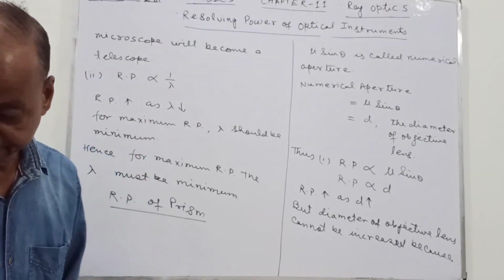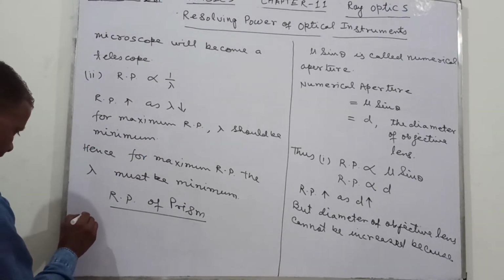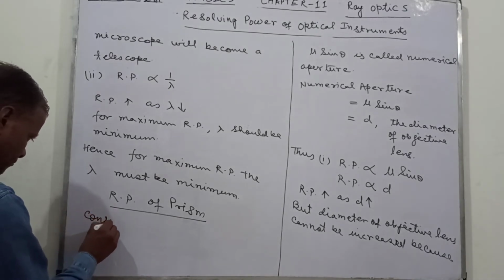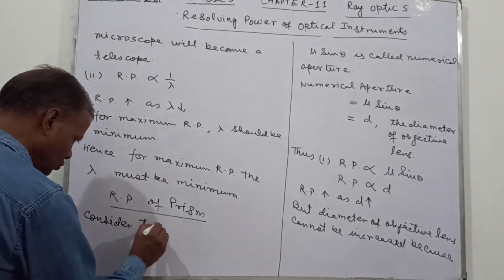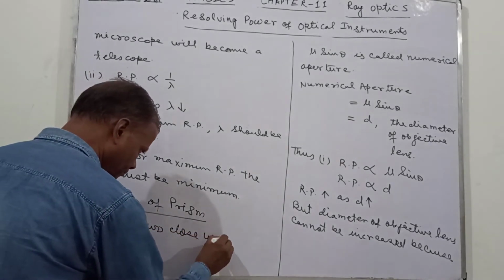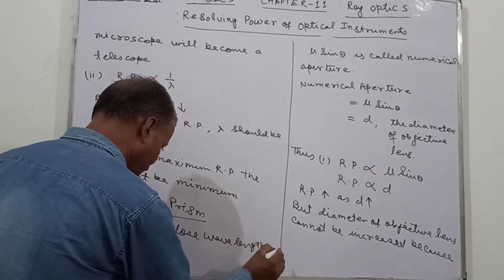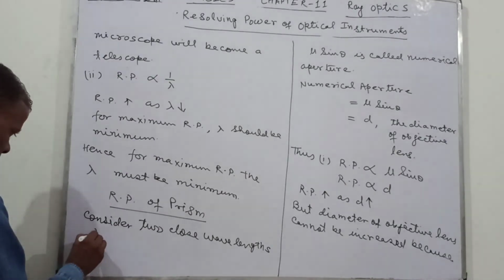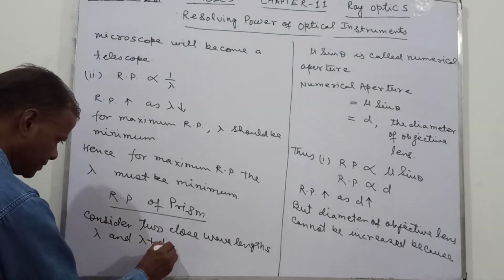So now let's consider two close wavelengths, lambda and lambda plus d lambda.